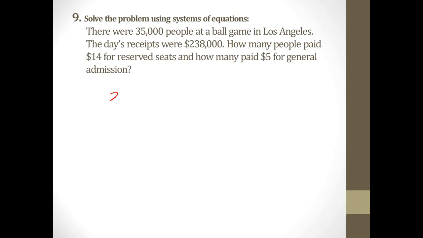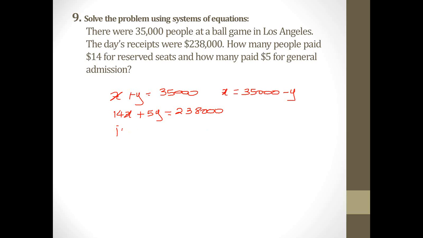Okay, so I had that x plus y equals 35,000. Then I have that 14x plus 5y equals 238,000. Then I had solved for x, and x was equal to 35,000 minus y. Okay, that's where we left off. So now I'm substituting.